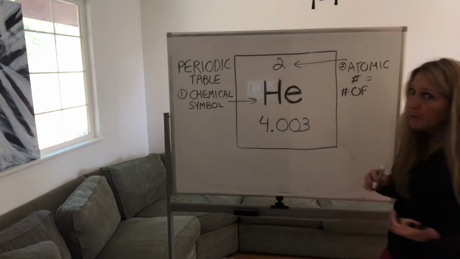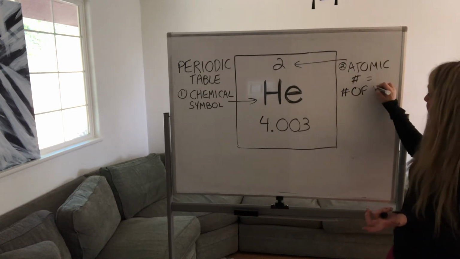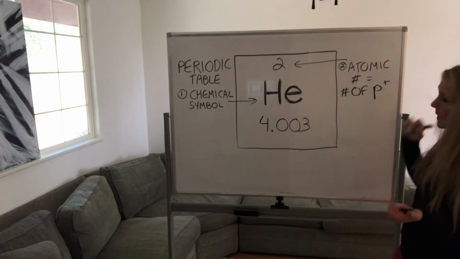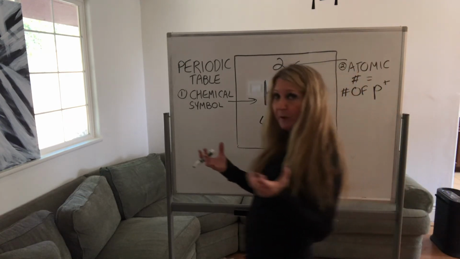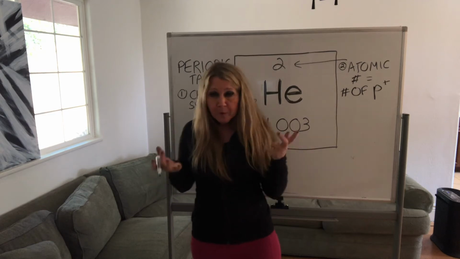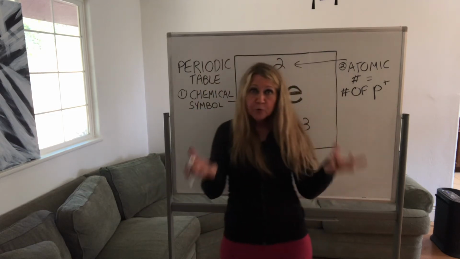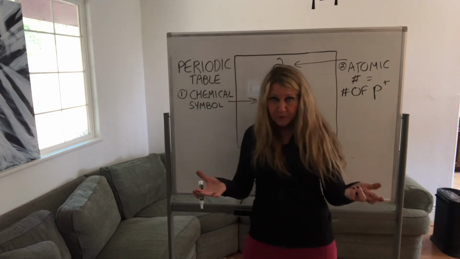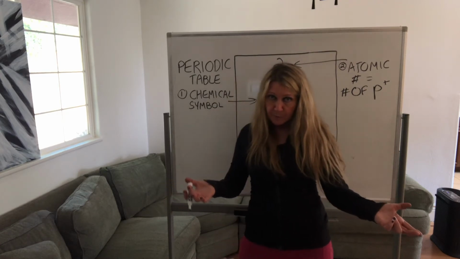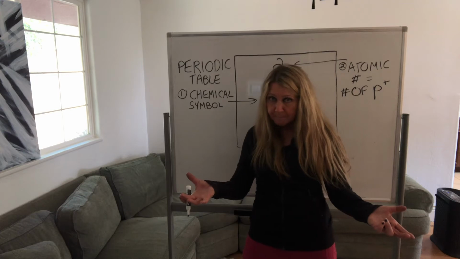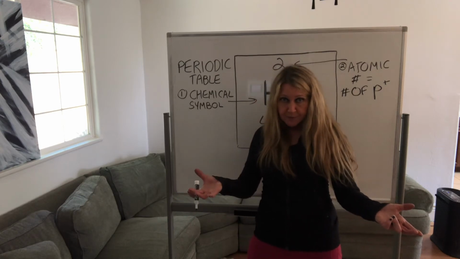Now remember some symbols here for protons. P, positive. Now, also think about atoms. Normal atoms, most of the time, are neutral, no charge. So that means the positives equal the negatives. The positive parts of the atom are the protons.